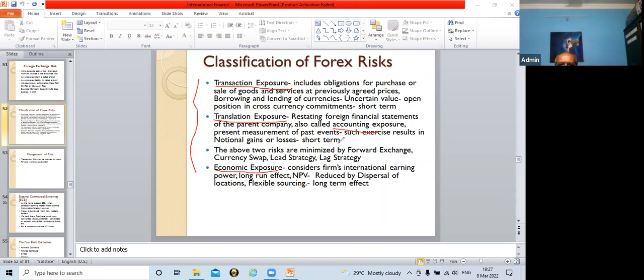I repeat my example. There is an Indian company who have opened their business office in USA, but their head office is in Mumbai.